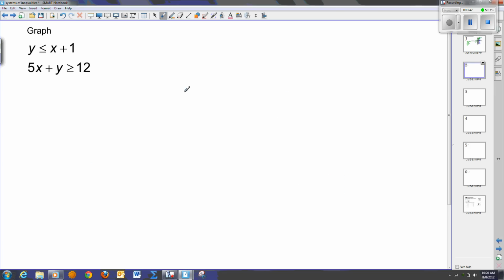So now, again, we have 2 linear inequalities, and we're going to graph both. The first one's already in a nice form. I'm going to put the second one in slope-intercept form, so that's y is greater than or equal to negative 5x plus 12.